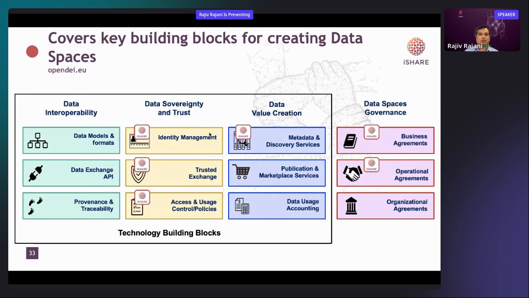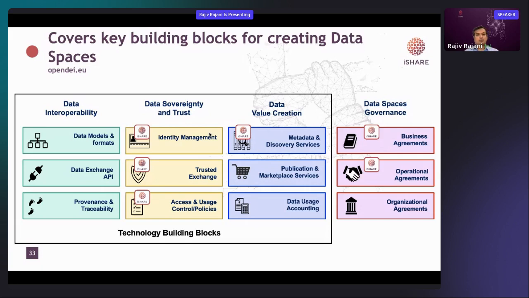It does cover trusted exchange, because with the satellite as a trust anchor, you can find other participants of the data space with whom you can exchange data, and you know that these participants have signed the same agreements as you have, which enables trust, so that you are sure they will abide by the data licenses attached to the data sets.